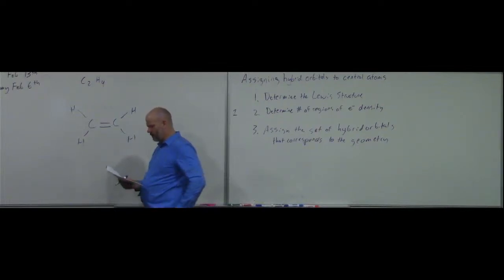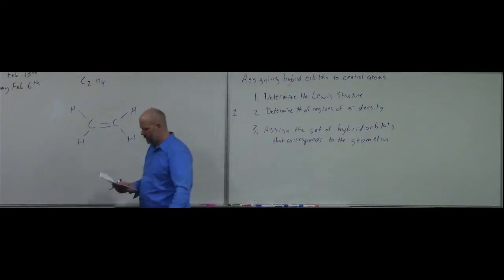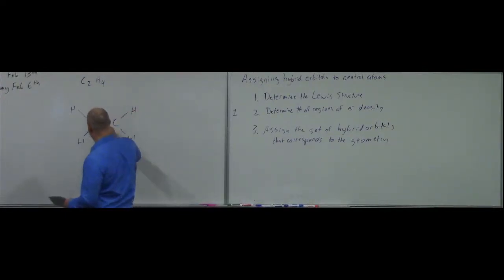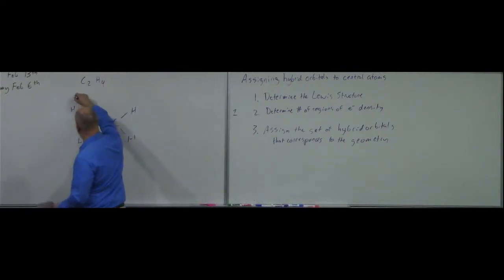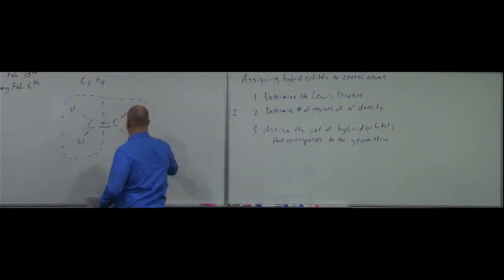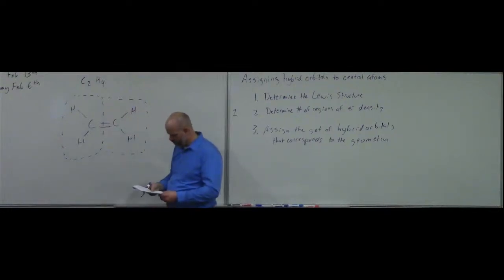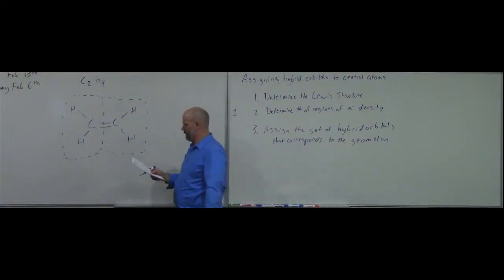The 3 bonding regions form a trigonal planar electron geometry. So I've got one here that's trigonal planar, 3 regions, and I've got another one over here, also trigonal planar.